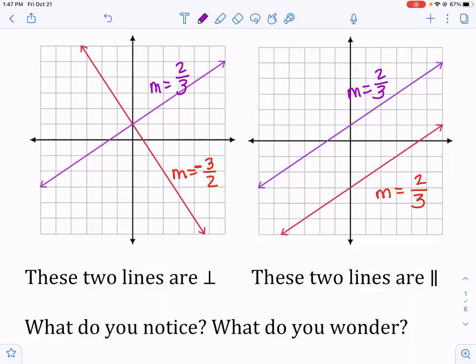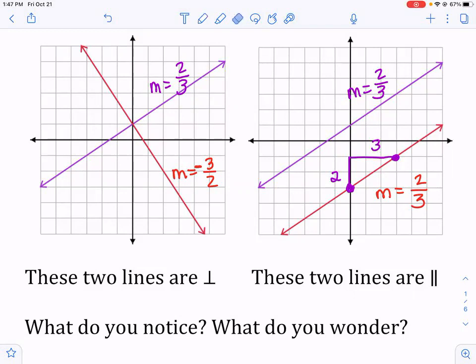But why don't you go all the way to the 0? We are on 0. So what he did, he picked these 2 points. Those 2 points are on the line, right? So he went up 2 and right 3 to get a rise of 2 and a run of 3.